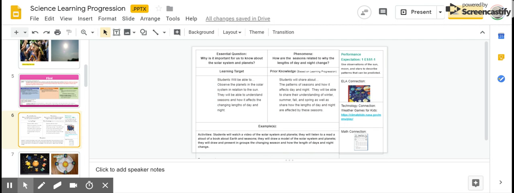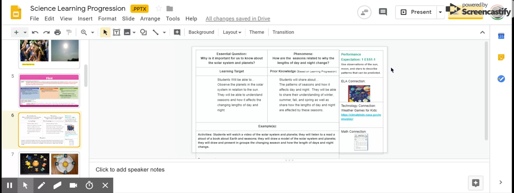Here, the essential question is, why is it important for us to know about the solar system and planets? And the phenomena is, how are the seasons related to the change of the lengths of day and night? The performance expectation is for students to use observations of the sun, moon, and stars to describe patterns that can be predicted.